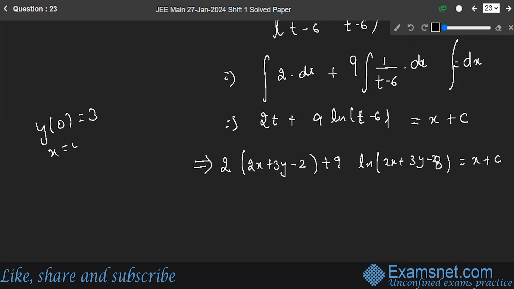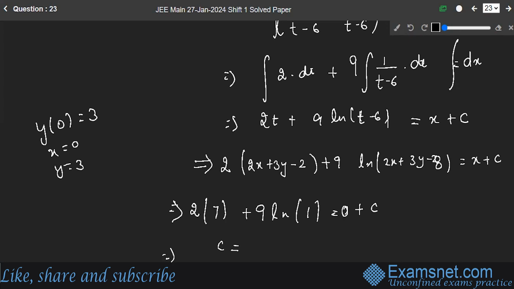That means when x is equal to 0, y is equal to 3. So let's fill in that. This will be 9 minus 2, which is 7, times 2 is 14, plus 9 log 1 is equal to 0 plus c. C's value will come out to be 14.